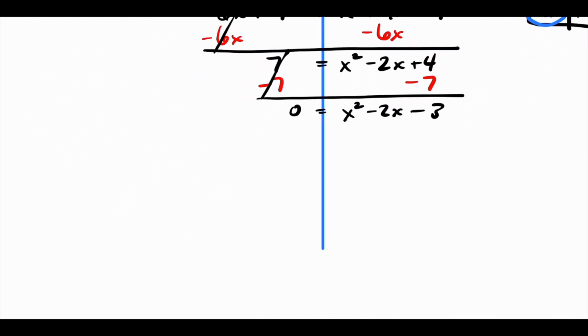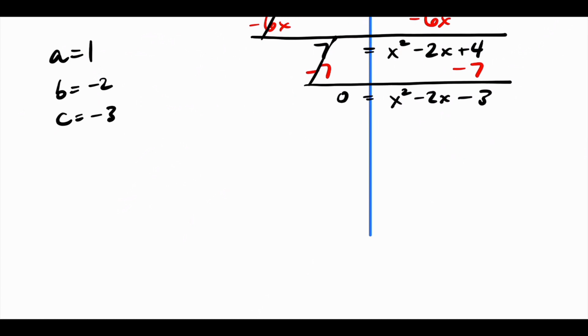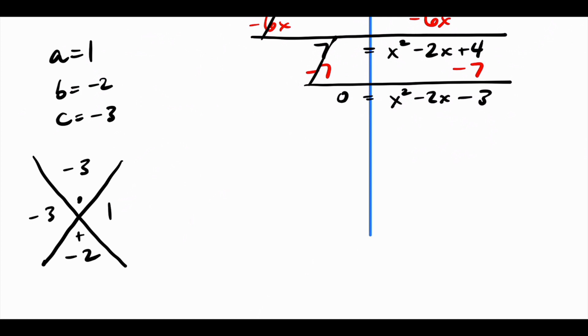Okay, so I'm going to go over here. I'm going to do ABC. A is 1, B is negative 2, C is negative 3. Let's see. The two numbers multiply, it's going to be negative 3 and positive 1.